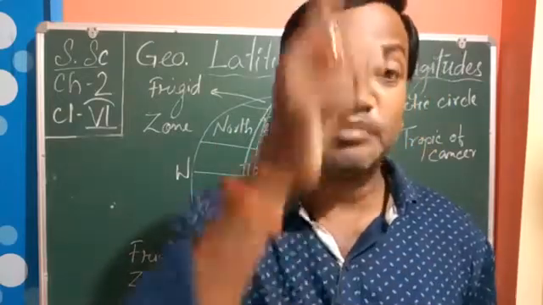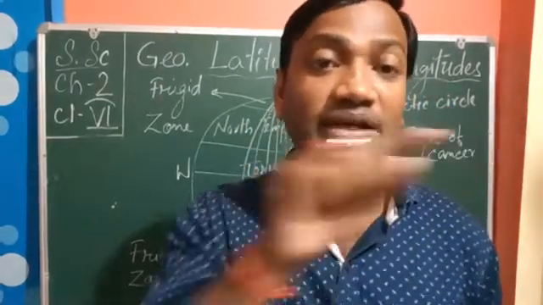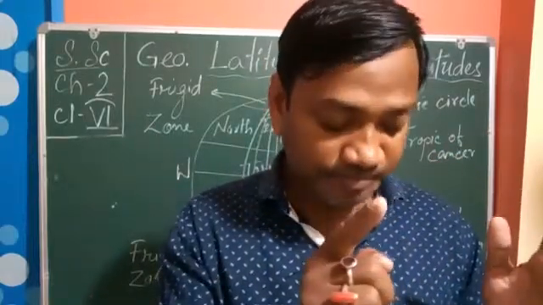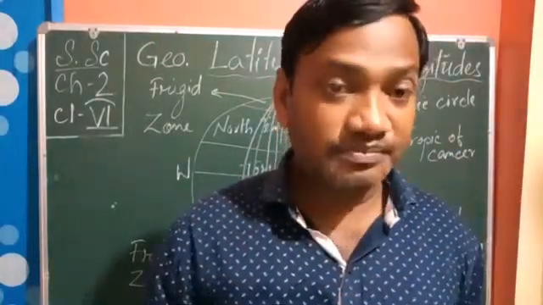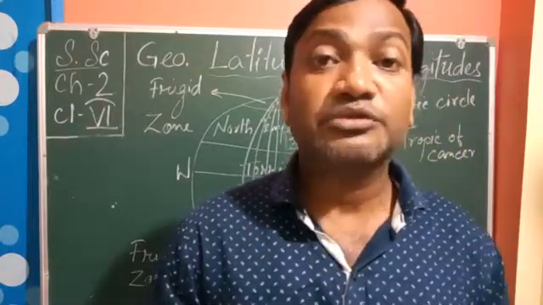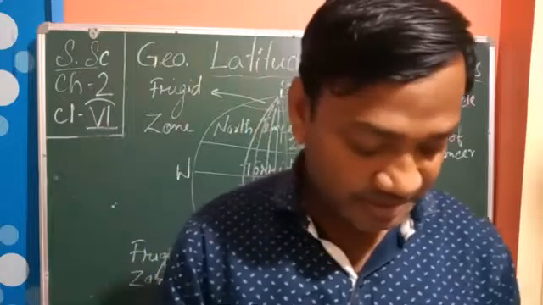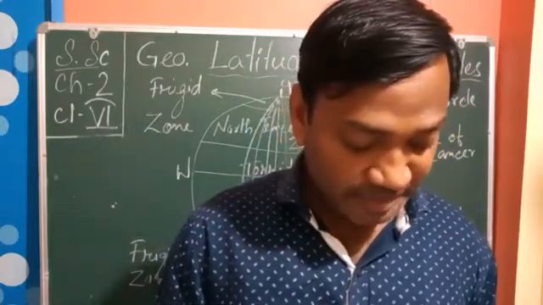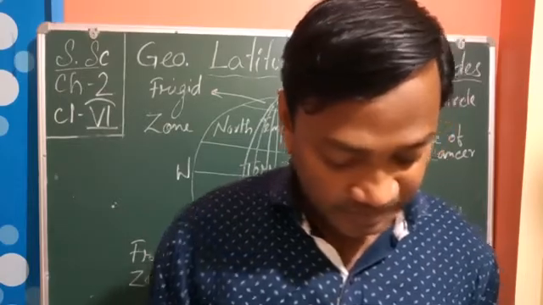Here it is counted from the equator and from the prime meridian, 0 degree, and we have come to know that from one meridian to another it is 15 degrees.